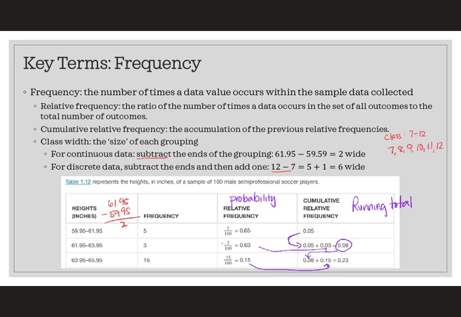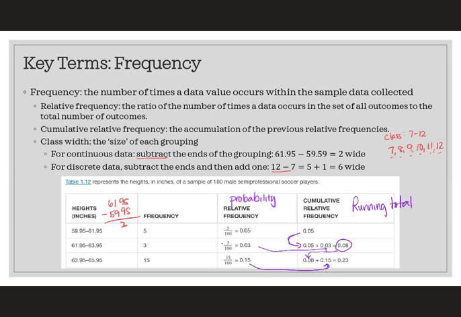If I saw any of those numbers, they would go into that class. That means it has 1, 2, 3, 4, 5, 6 different data points in there. So when we're talking about class width, we're talking about how many different points are in that spot.